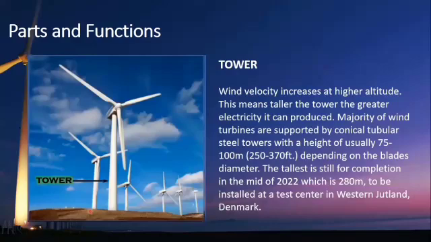Next, tower. Wind velocity increases at higher altitude. This means the taller the tower is, the greater the electricity it can produce. The majority of wind turbines are supported by a conical tubular steel tower with a height of usually 75 to 100 meters or 250 to 370 feet, depending on the blade's diameter.